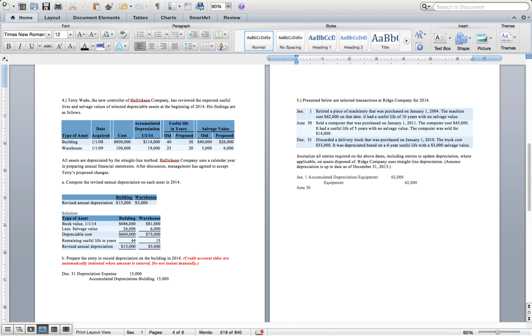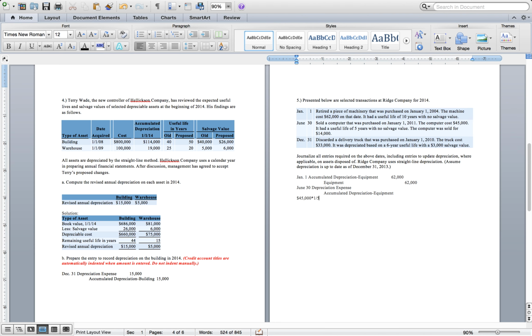Okay, so to record the depreciation, we know we're going to debit depreciation expense and then credit accumulated depreciation equipment. Now let's calculate for how much. Well, we know it costs $45,000. Then you got to multiply by 1 divided by 5, because it's a 5 year useful life with no salvage value for the 1 year.